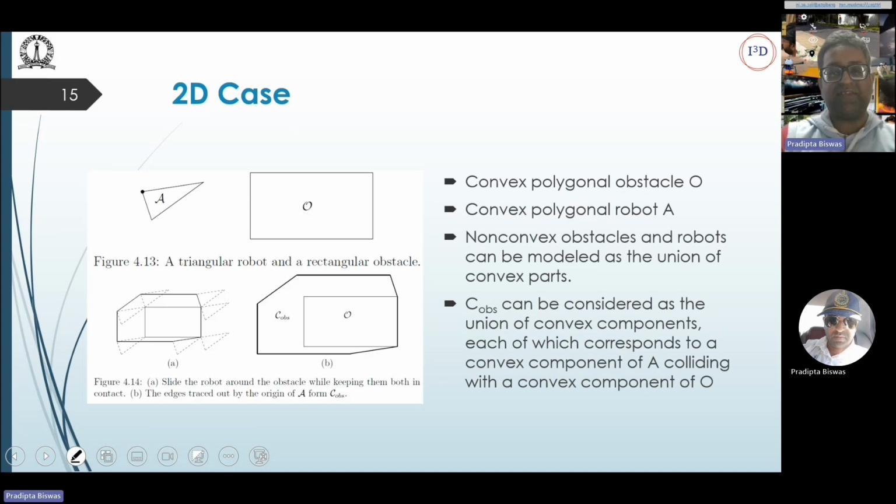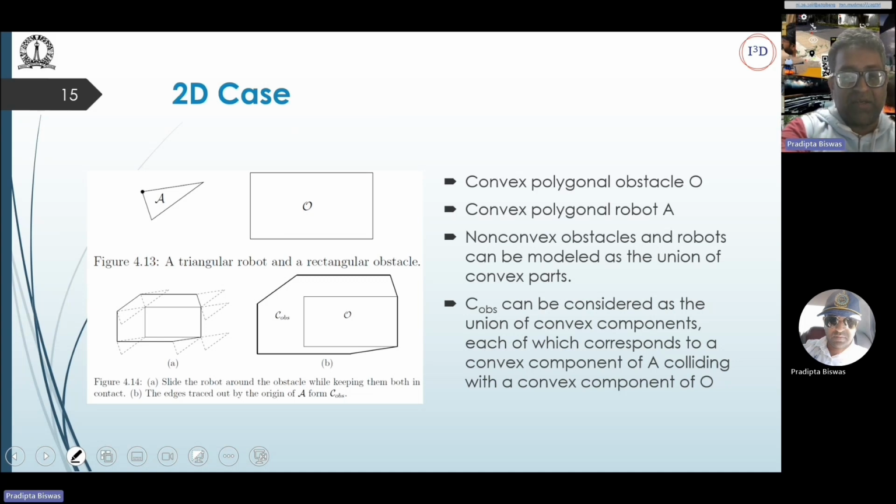In the subsequent cases, we will consider a triangular robot. The triangular robot will not rotate. It can only slide or translate. Our obstacle is also of a fixed geometric shape, a rectangle.